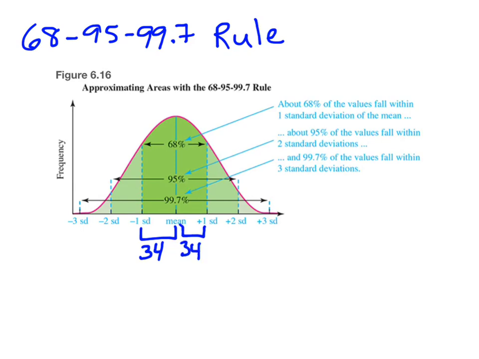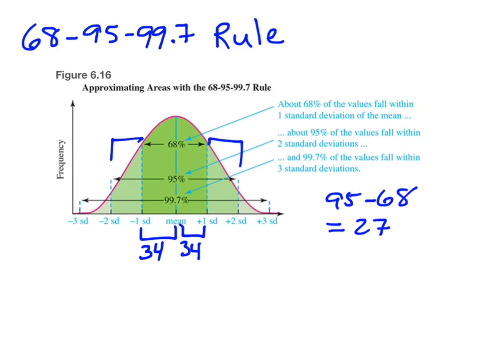Next, we know that 95% of the values fall within 2 standard deviations of the mean. That includes the 68% within 1 standard deviation. So if we wanted to know the percentage of data between 1 and 2 standard deviations from the mean, we can take 95% and subtract 68%.